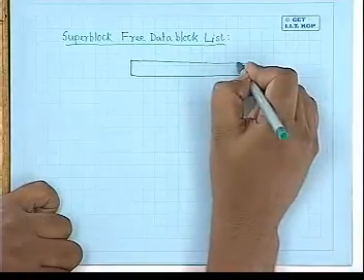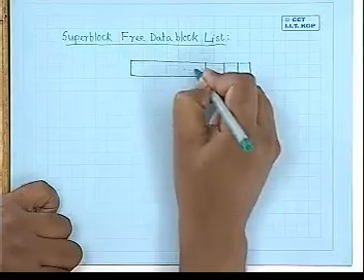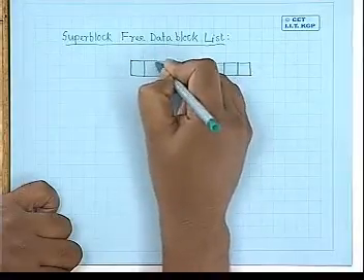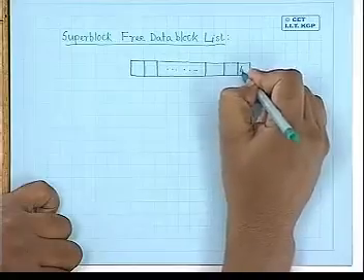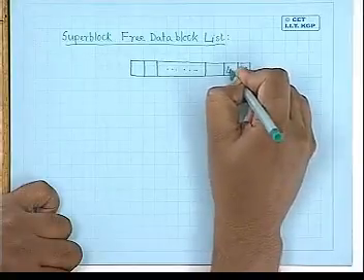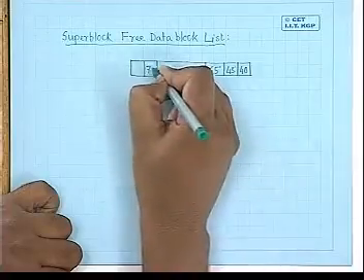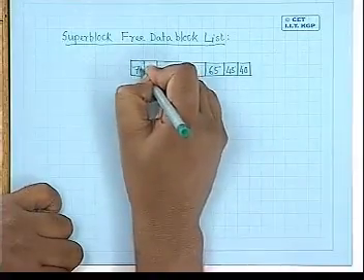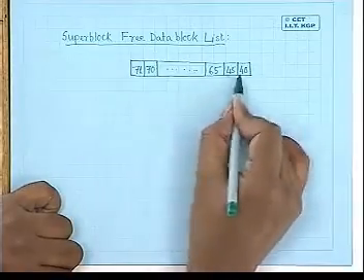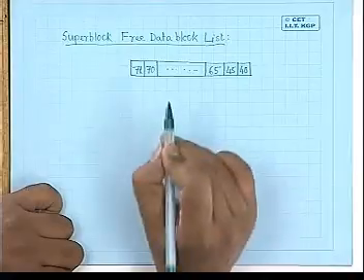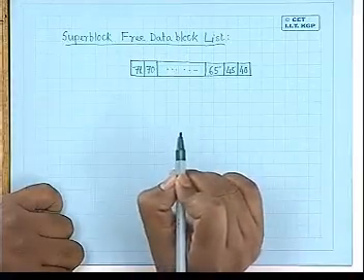Okay. So at a particular instant of time, if I assume that these are the free blocks which are contained in the superblock free block list, say for example 40, 45, maybe 65, say 70, 71. So this is a block within the superblock which contains a list of serial numbers of different data blocks which are free.